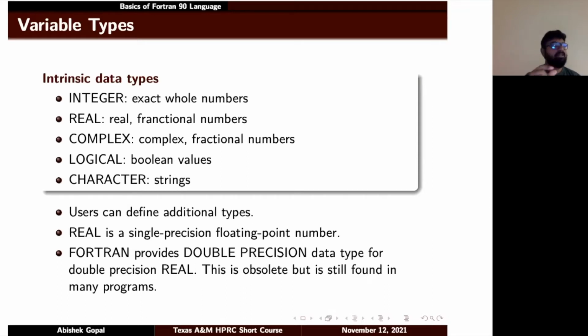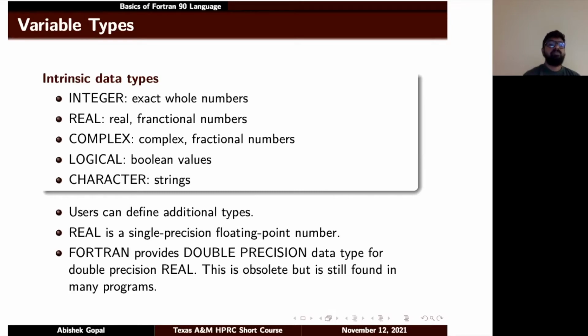Letters need to be in a character form. And so these are the intrinsic data types. What intrinsic means is the data types that come with Fortran, like standard. So you don't have to do anything else to use these.